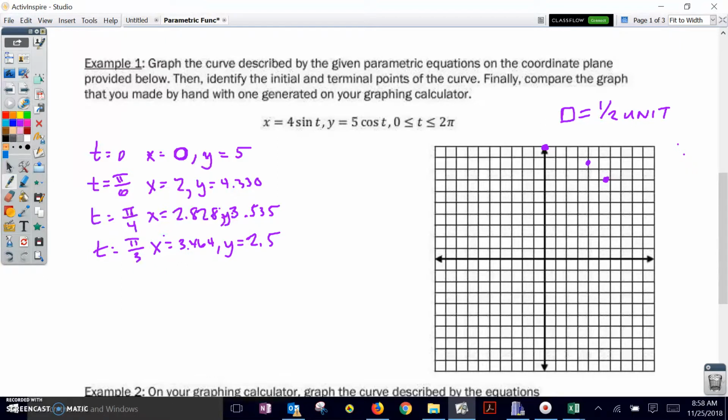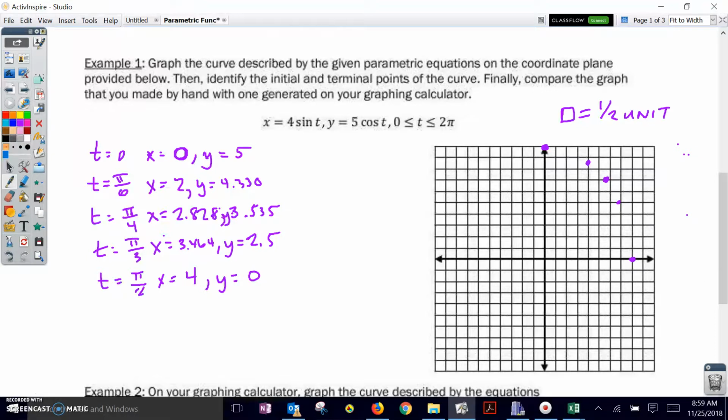So we've got a point at 3.464, 2.5, right around there. And then we go down to where time is equal to pi over 2. And there the x value is going to be 4. And the y value is going to be 0. And so we'll plot that point.